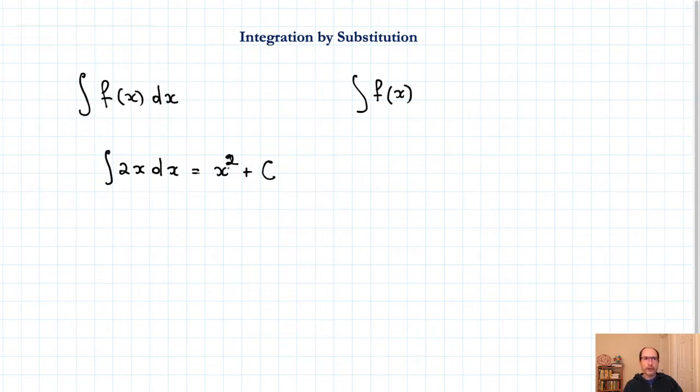This is just saying that the antiderivative of 2x equals x squared plus a constant. Suppose we were not using dx at the end of the integral sign, then our formula would look as follows: integral 2x equals x squared plus c.